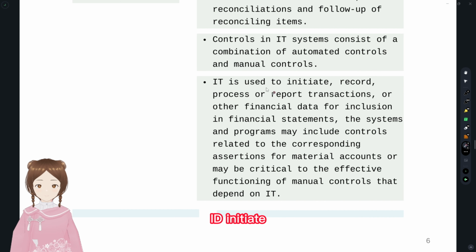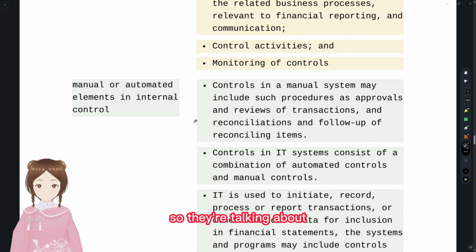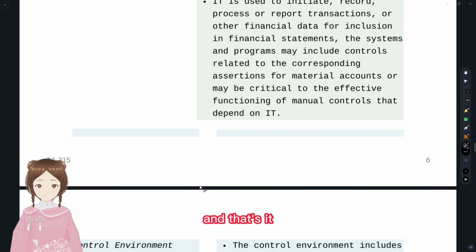But what does IT do? IT initiates, records and processes transactions or financial information which is used in financial statements, which is critical to the effective functioning of manual controls, because based upon that data we do analysis and take decisions as a management. So they're talking about the interrelationship between manual and automated controls, and what automated and manual controls are, and that's it.